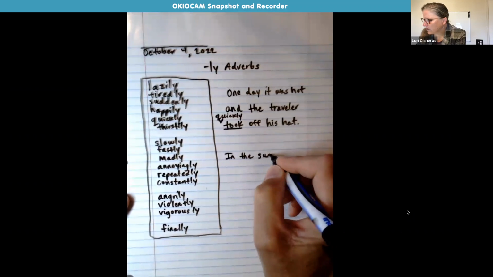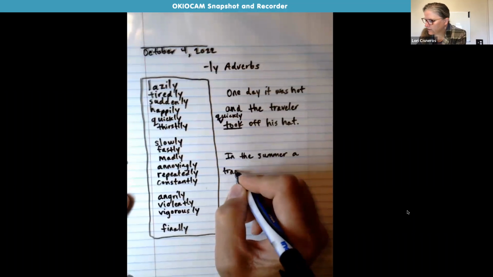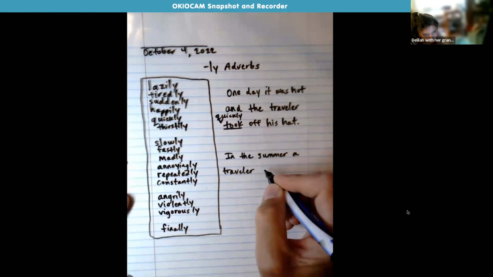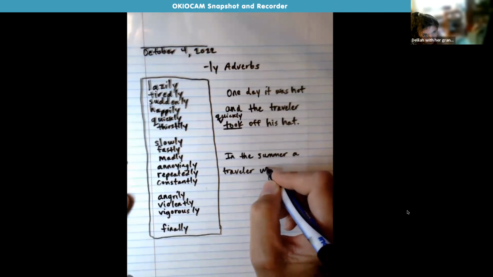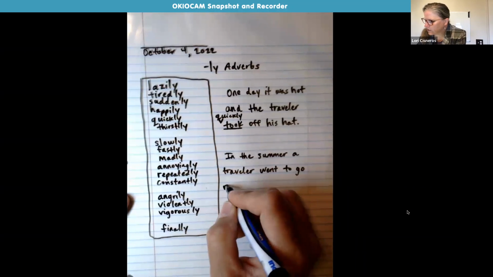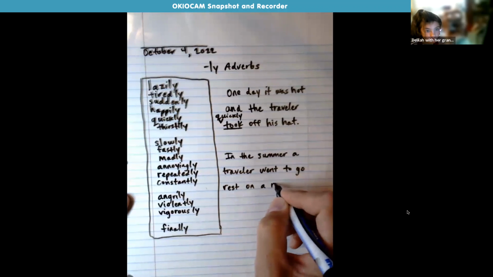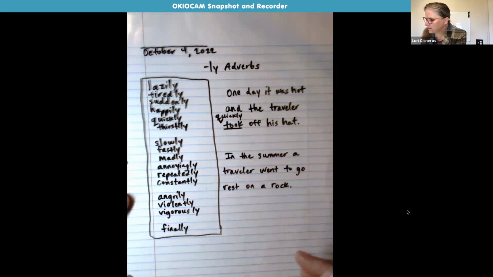In the summer, a traveler, make sure you skip your lines. To go rest on a rock. Did I get that right, Serena? Yes. Good. In the summer, a traveler went to go rest on a rock.